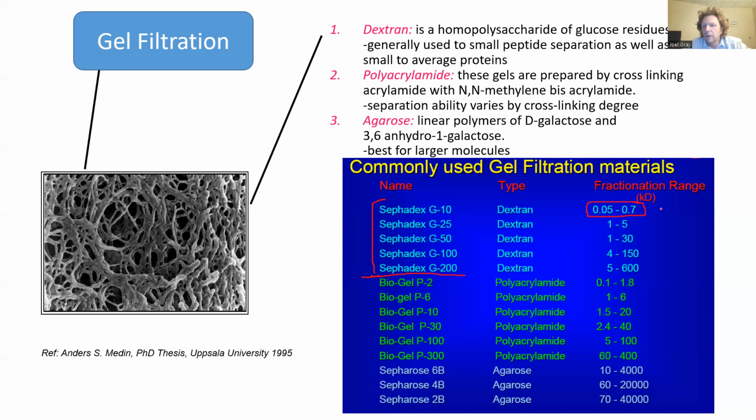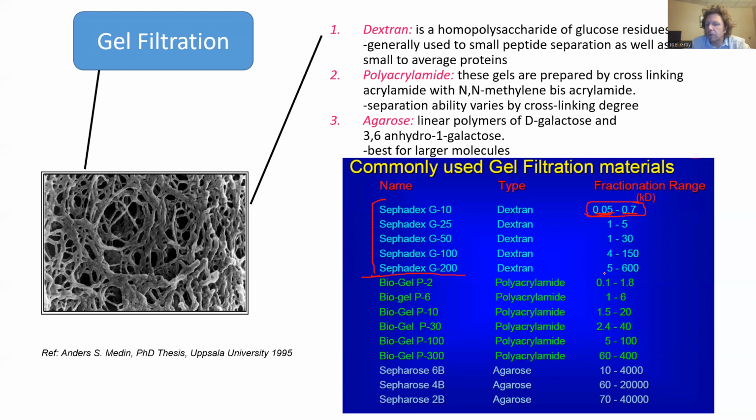Now, to put that into context, a singular amino acid has a molecular weight measured in daltons of about 110 daltons. So we're talking about something that's smaller than half of the size of an amino acid, all the way up to 7 amino acids. So dextran is really effective for separating molecules that are that small.